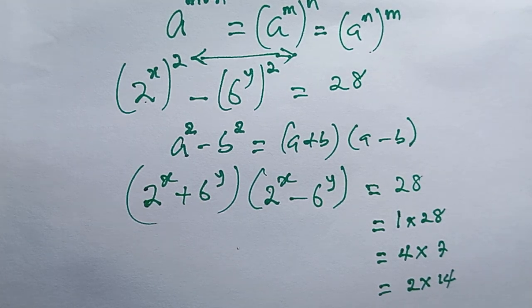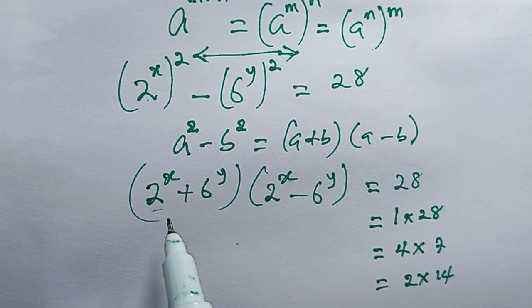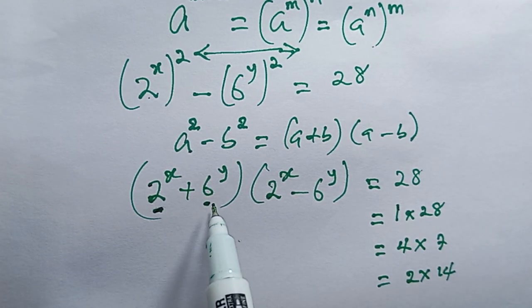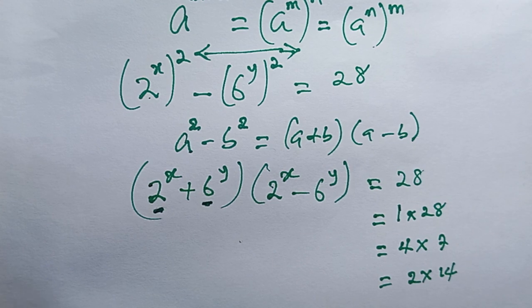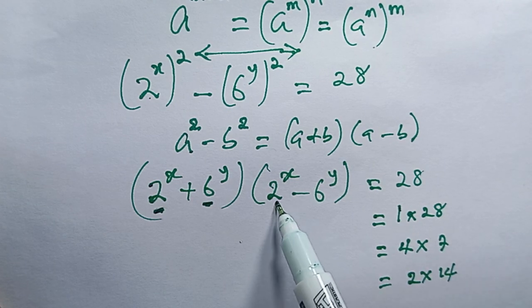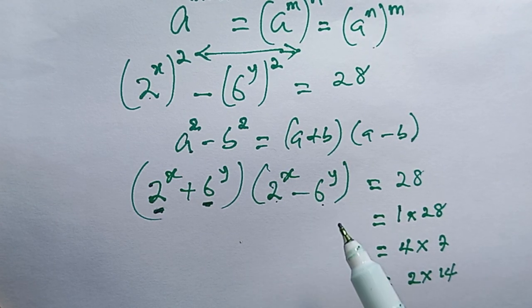of 2 terms. When you look at these terms right here, you see that 2 power x is an even number, and also 6 power y is an even number. So when you add 2 even numbers, it will give you another even number. And same, this is an even number, and of course this term is also an even number.